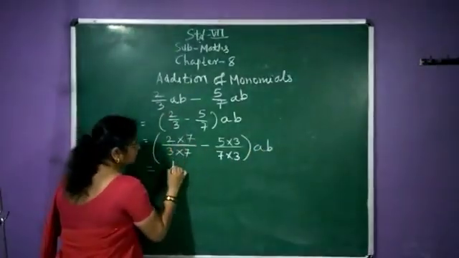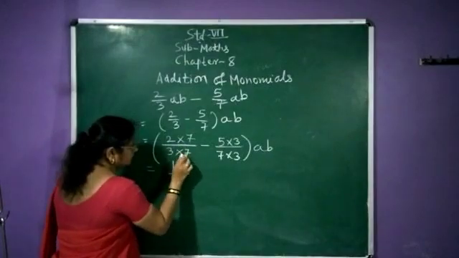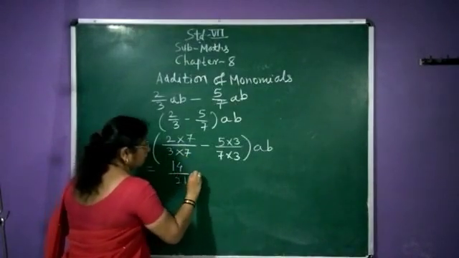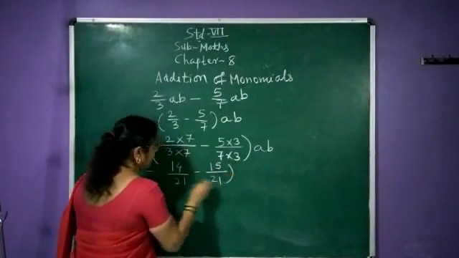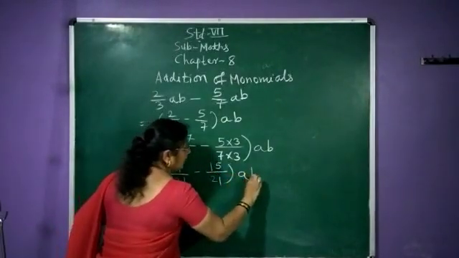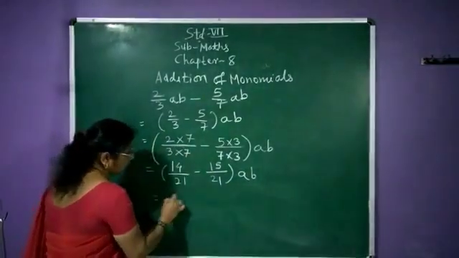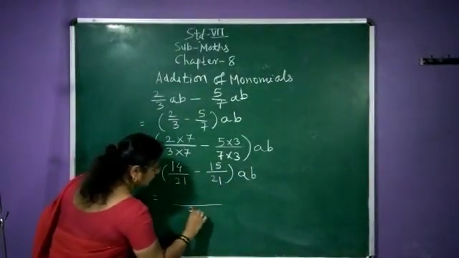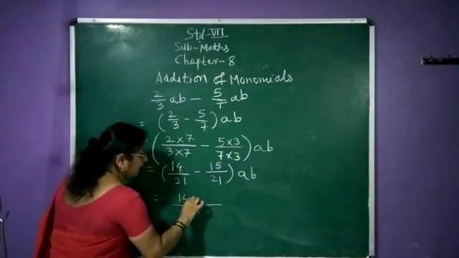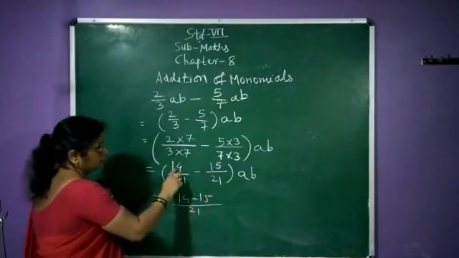Now 7 2s are 14. 7 3s are 21, minus 5 3s are 15, 7 3s are 21, into AB. As the denominators are same, I will write the common denominator and I can subtract the numerators.